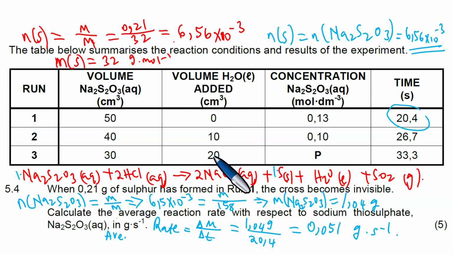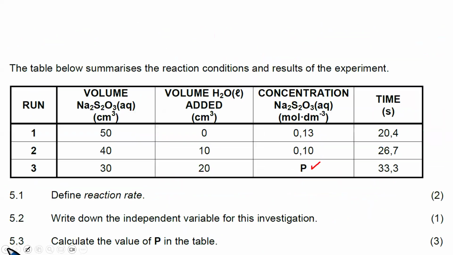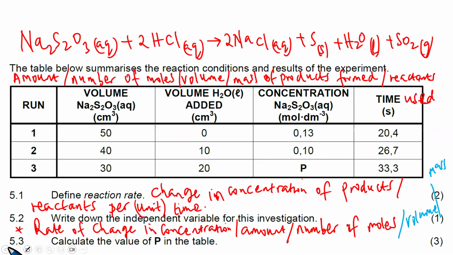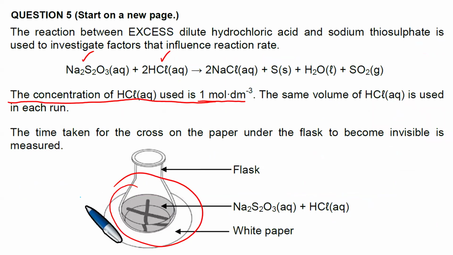For example, if you look at the way the question was introduced, the reaction between excess diluted hydrochloric acid and sodium thiosulfate is used to investigate factors that influence reaction rate. Sodium thiosulfate together with HCl are mixed until you have the products here.